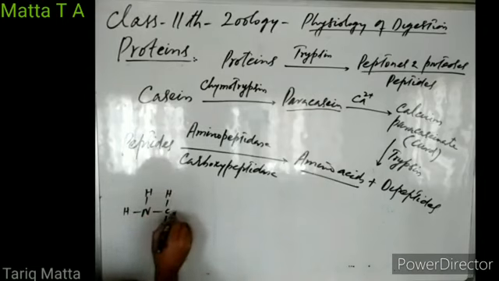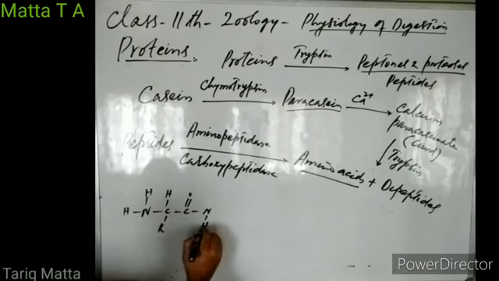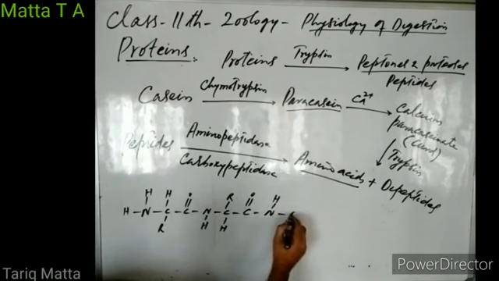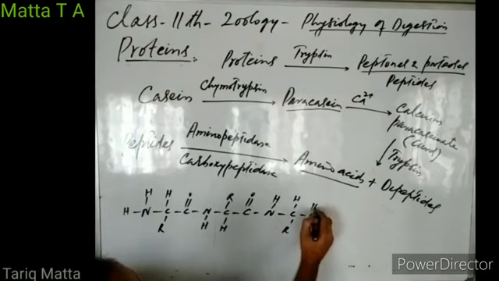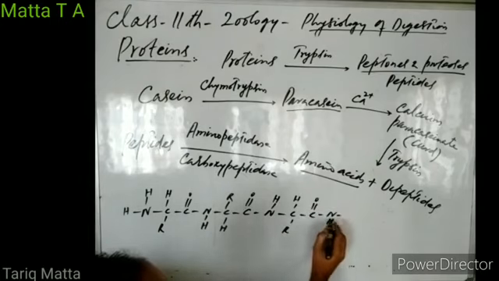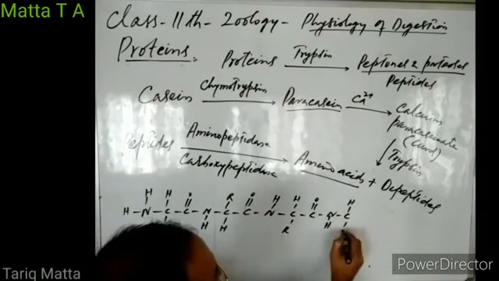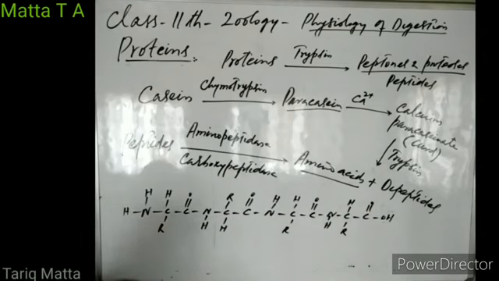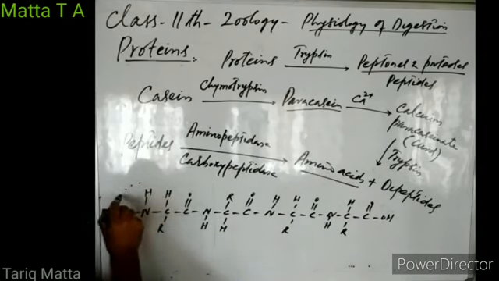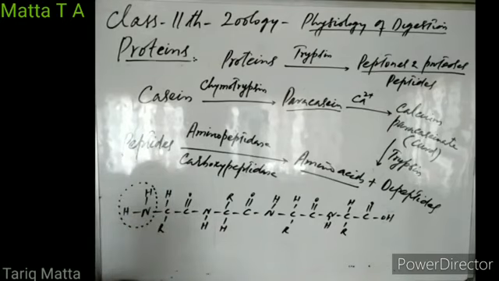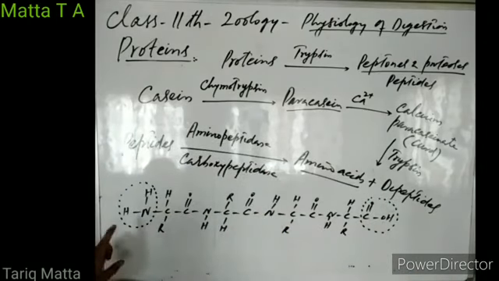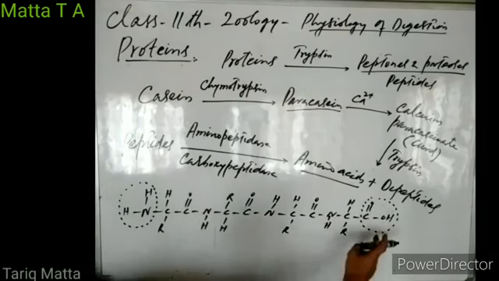This peptide chain has two ends. On one end, it has a free amino group. At the other end, it has a free carboxyl group.